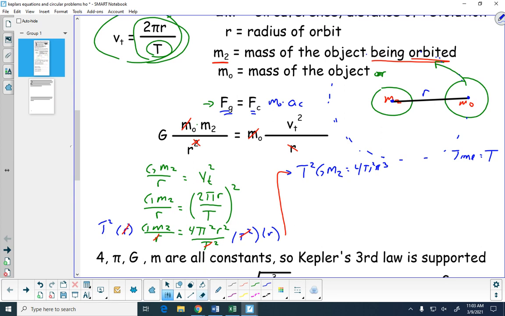That's by multiplying both sides by r and by T squared. Dividing both sides by G m2. What this ends up being is T squared is equal to 4 pi squared over G m2 times r cubed.